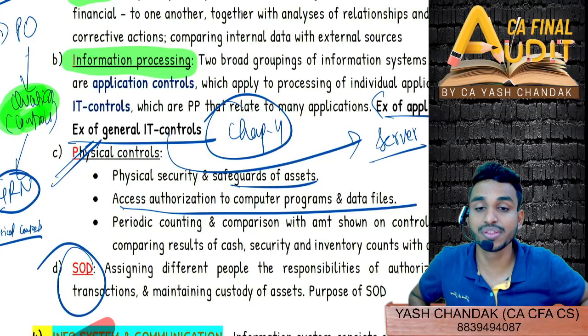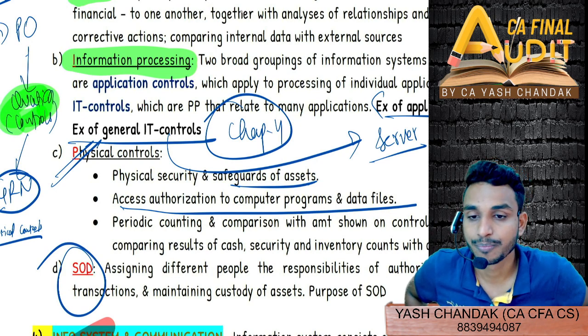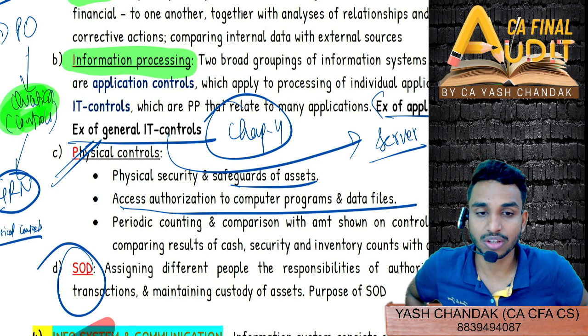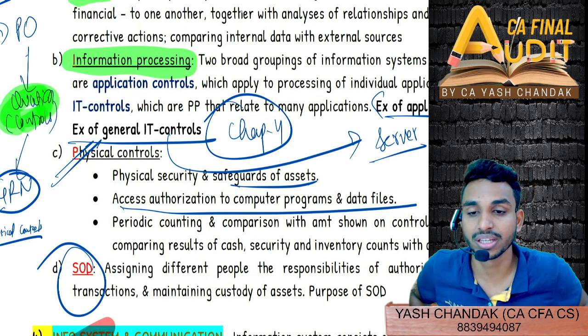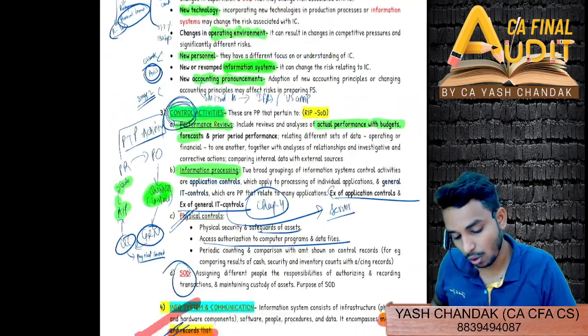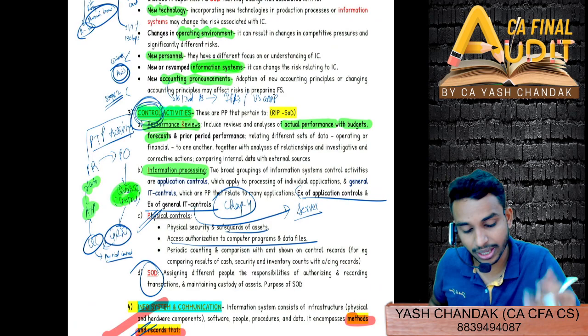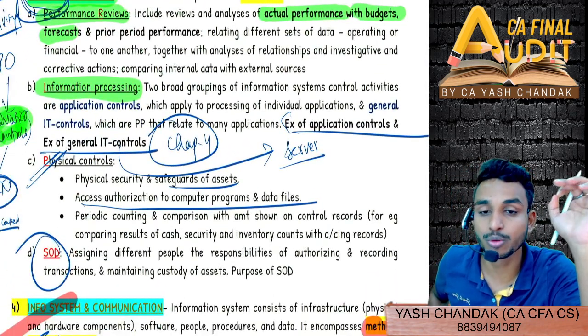Similarly, there would be physical controls like quality check and goods receipt note, where goods will be checked. In fact, after that as well, the goods will be checked in the inventories once they form part of inventory. Information processing, this entire cycle has to be there, with proper application control and general IT controls.